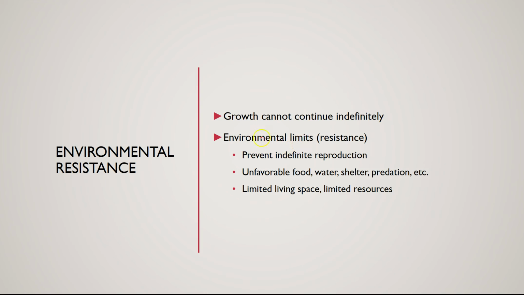Environmental limits, often referred to as environmental resistance, prevent that indefinite reproduction. That takes the form of not enough food to sustain a population, or water, or shelter, or predators, or space. Those are what we call environmental resistance.